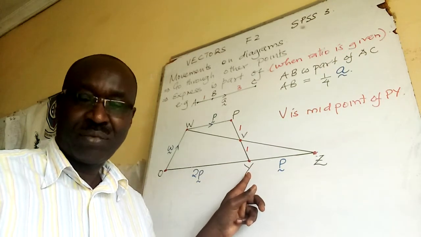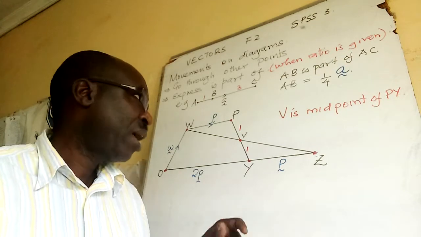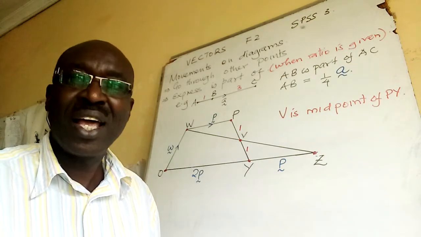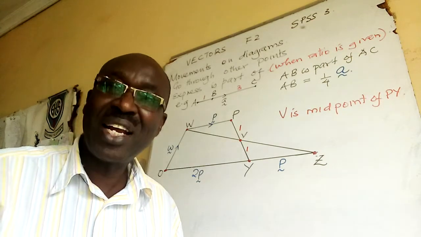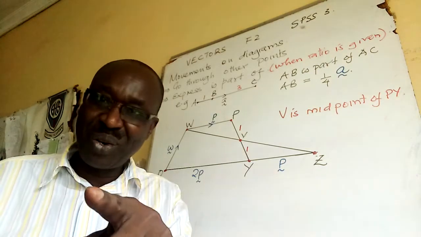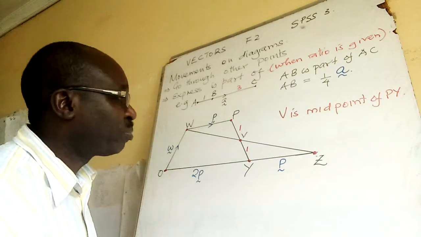Kwa nini? Because the two vectors PV and VY have the same size, 1, and they face the same direction. Now we talk of equivalent. So you see, I remind you, equivalent.